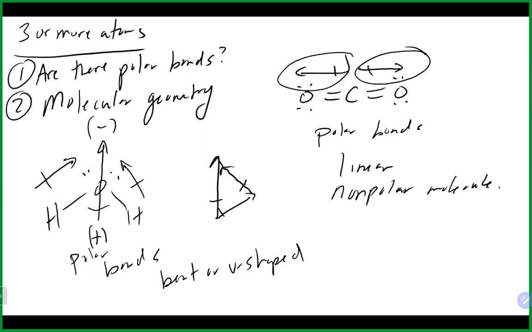But let's be frankly honest, nobody wants to draw vectors or think about vectors. So there must be a much easier way of doing it. And there is, and it's really all about whether or not there are non-bonding electrons on your molecule. So there are certain geometries which are considered symmetrical geometries.